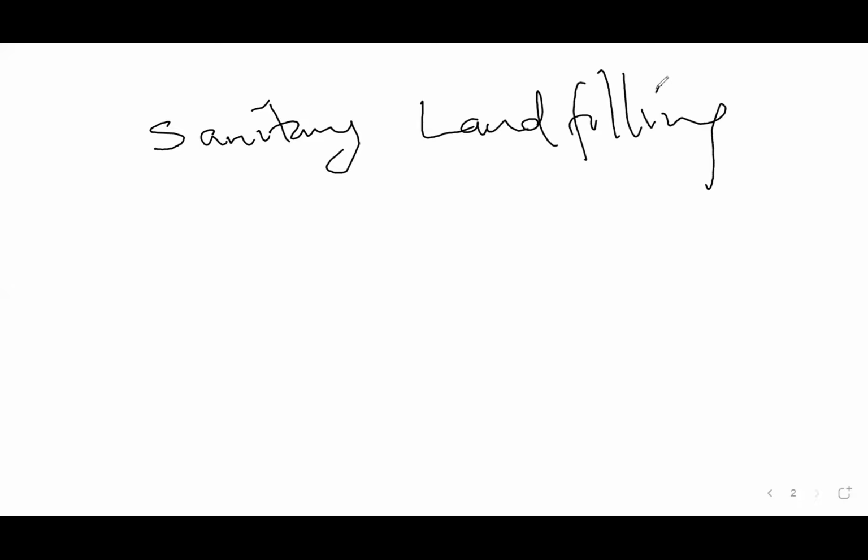Now, there is landfilling. You can call it sanitary landfill, okay? Or some call it controlled tipping.